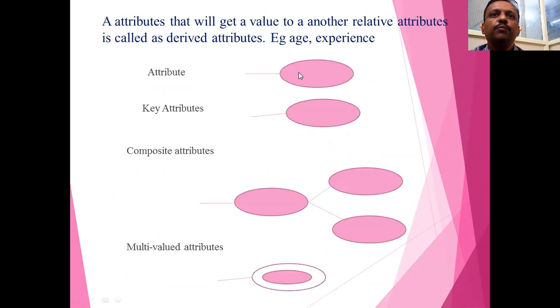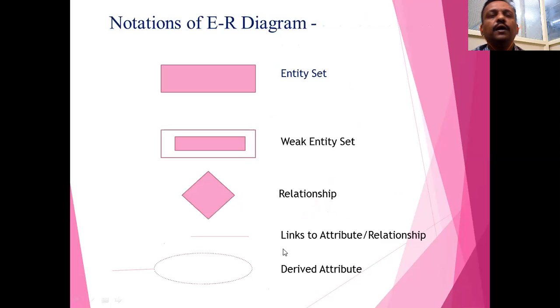This is the symbol for an attribute. What are key attributes? Then composite attribute. So this is the composite attribute, as you say, suppose student name, first name, last name. Then multi-valued attributes. So this is the symbol for a multi-valued attribute.